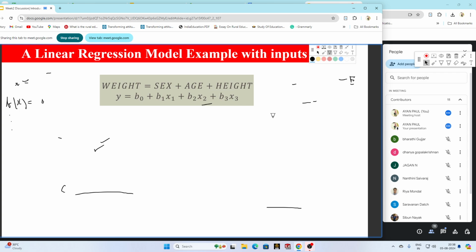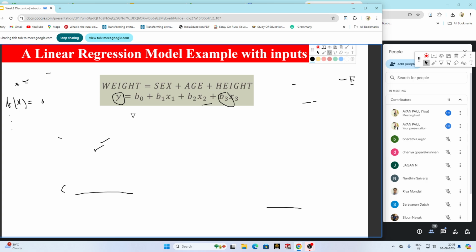How can we do this? We can make this beta, this coefficient, very small. If we make this coefficient very small, then this input x3 will have very little effect on the output. That is called the shrinkage method. We are not doing subset selection, but we are shrinking the coefficient.